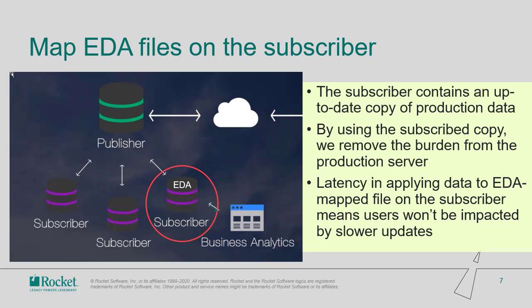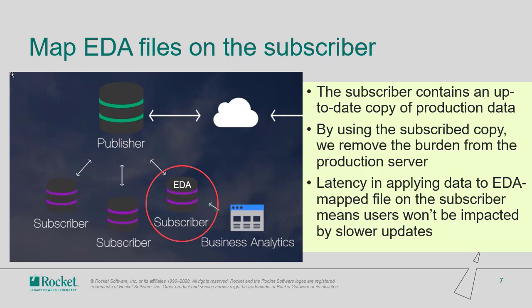So when we map EDA files on the subscriber copy, the EDA map file will always be up to date. As of a few seconds after something is committed on the publisher, you can expect it to be updated on the subscriber. In this case, if the subscribed copy is an EDA map file, then that's great.